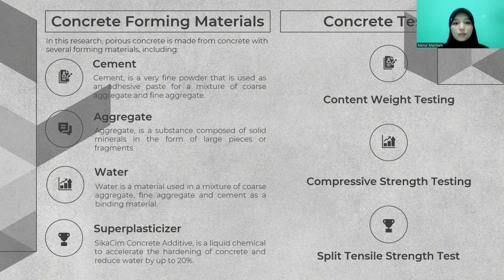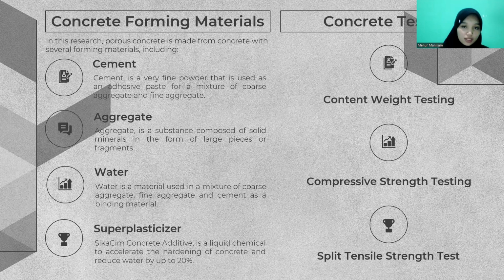So, in this research, we have 18 samples. 9 samples are for normal concrete, without a superplasticizer.